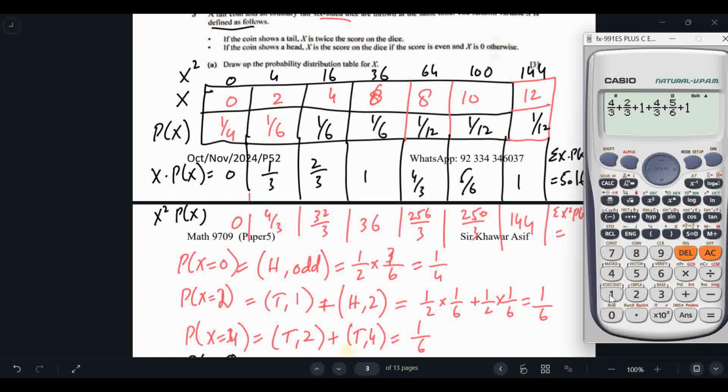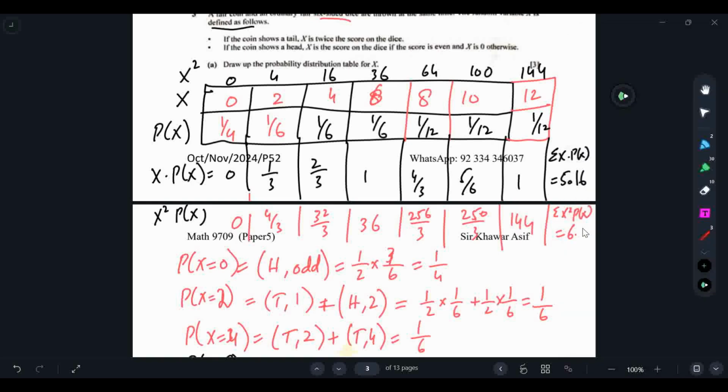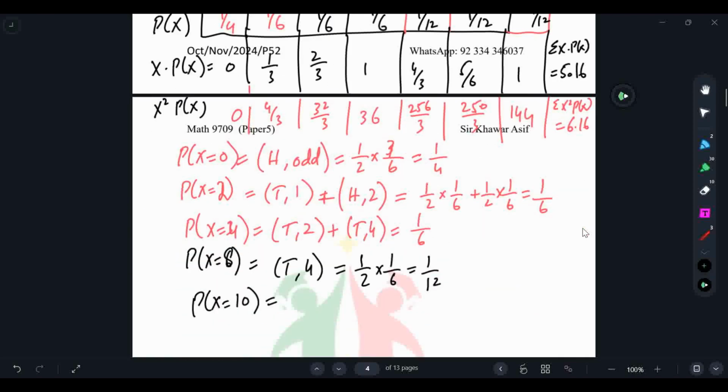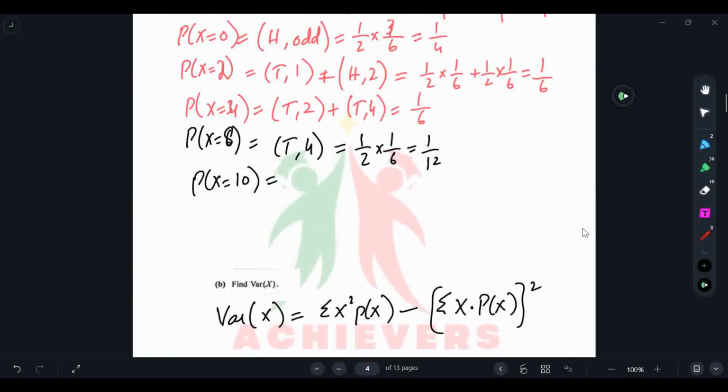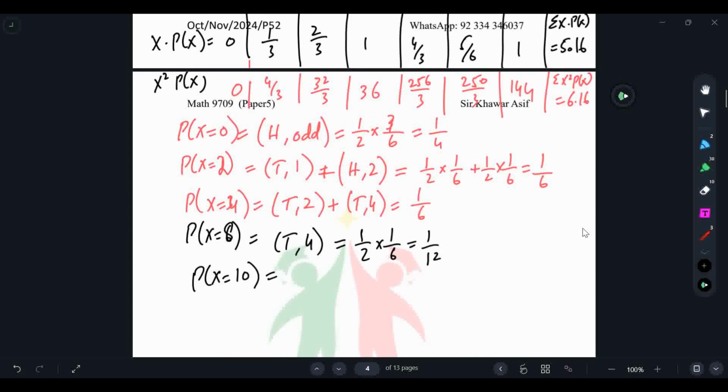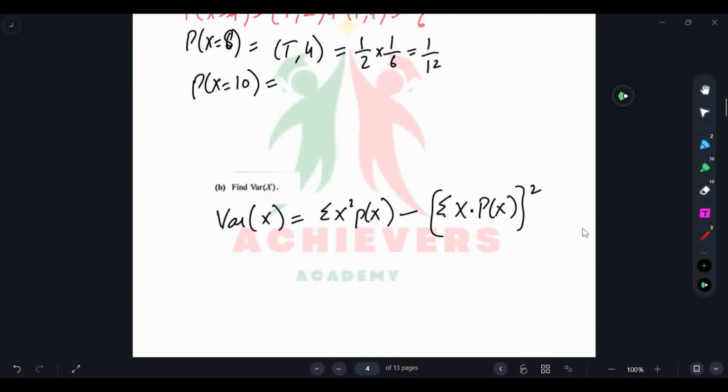Okay, we will have 1, 2, 3, 4, 5, 6. So this will be equals to 6.16. Now we have two values. Summation of x square p x probability of x will be 6.16.